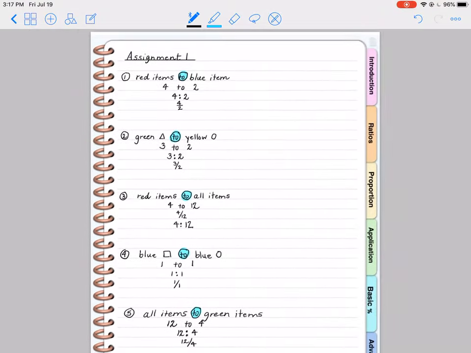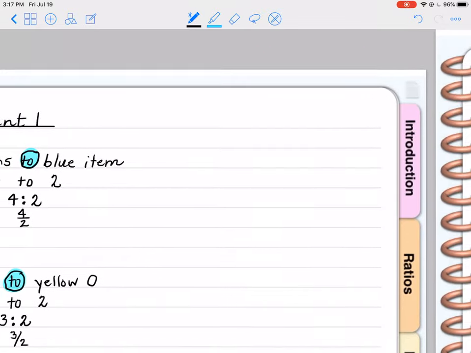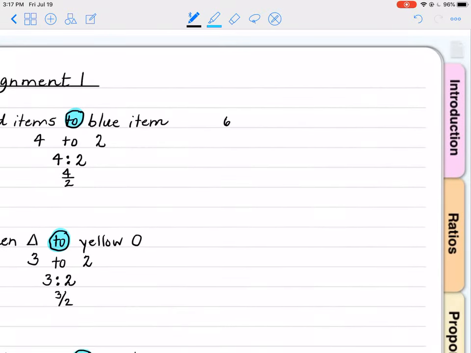Okay, number 6. I have red squares to blue squares. And I just about ran out of room, sorry. I need to abbreviate.